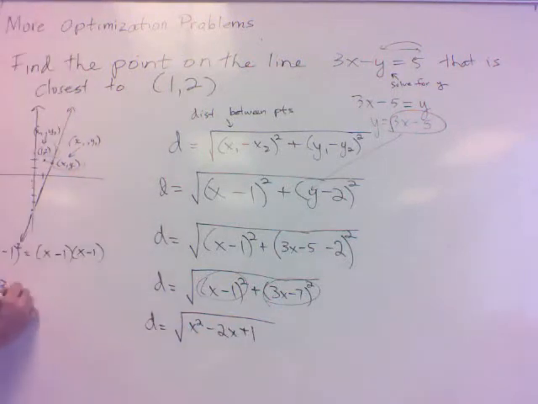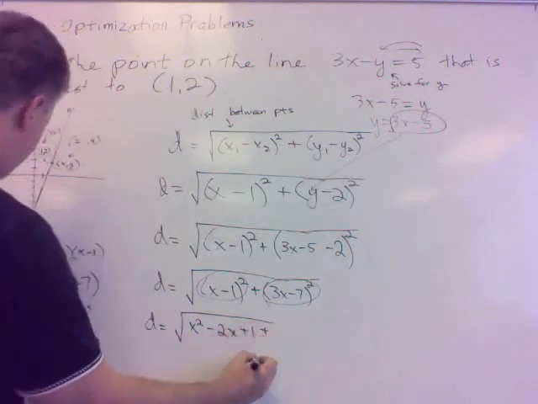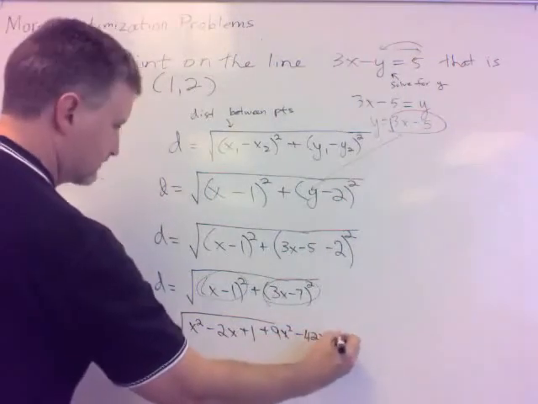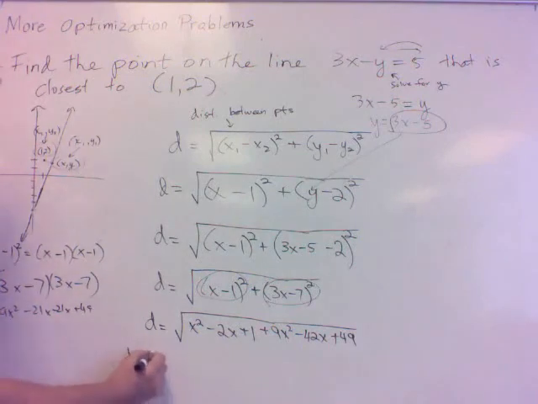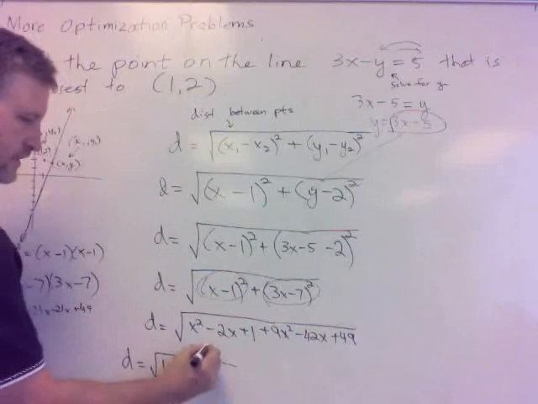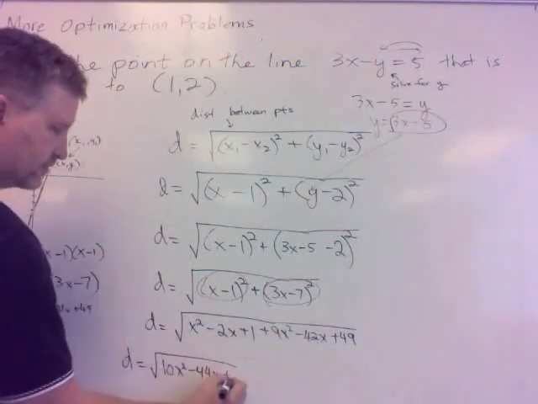And then the same thing for 3x minus 7. Do it twice. So that'll be 9x squared minus 21x minus 21x plus 49. So you get 9x squared minus 42x plus 49. And then you can combine like terms, which would be 10x squared minus 44x plus 50.